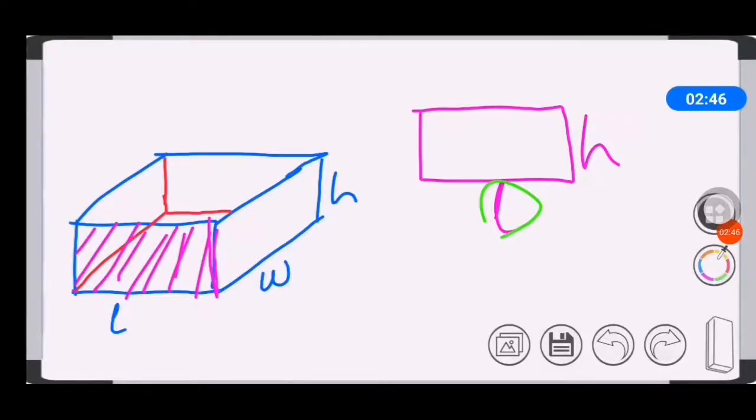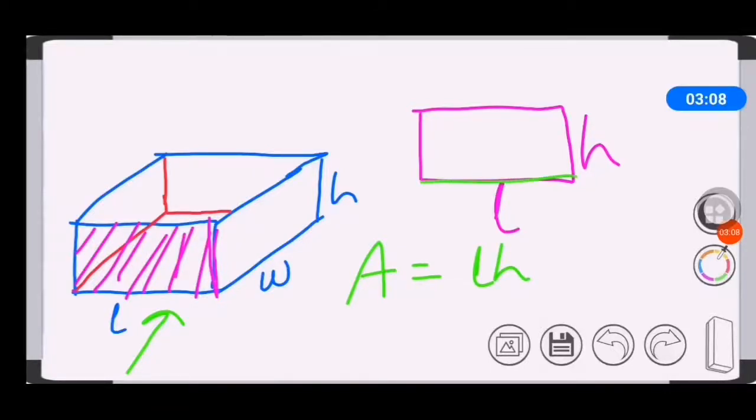Let's look at how we can find the surface area of this. For the front face, we have the length and the height. It is the same as the back face, right? So the area will be, we're trying to create a formula, the length times the height, because it's a rectangle.